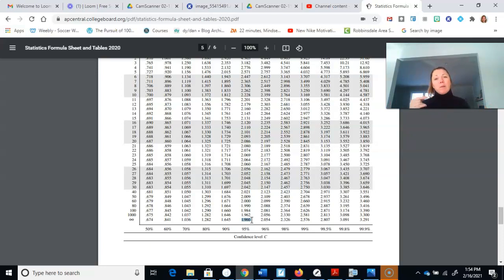I'm going to talk more about that when we do a one sample t-test. I'll get into the curve a little bit more, but that's something you should write down and highlight. As we increase our sample size, our T distribution approaches the normal distribution, the Z distribution.